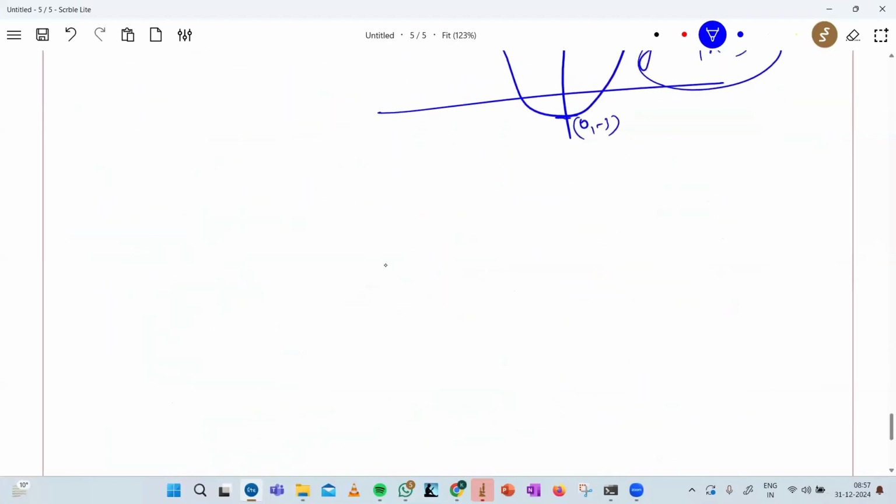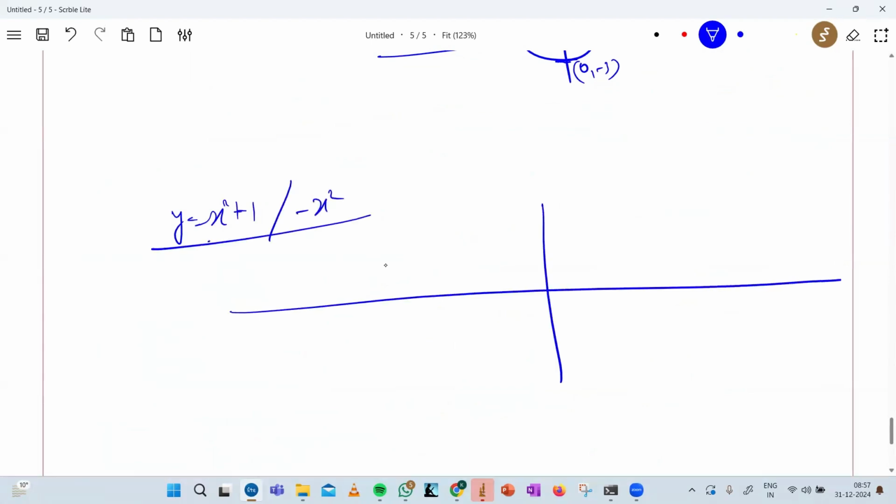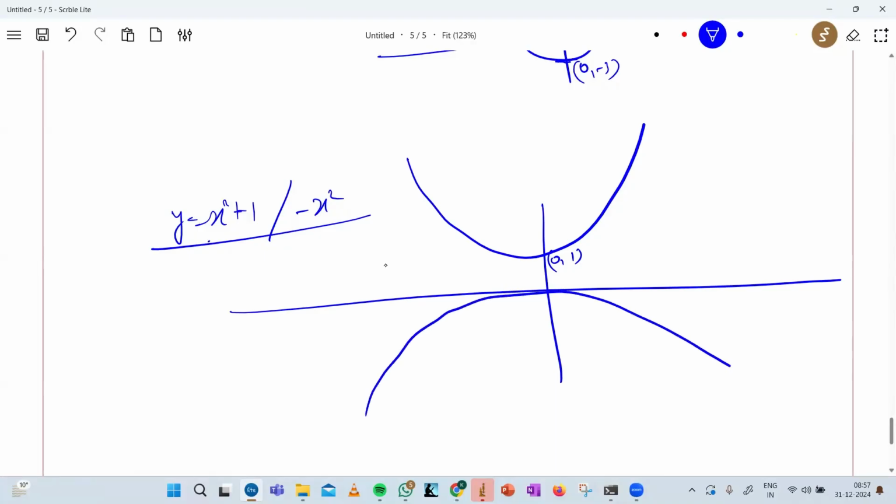So now coming to our question, y equal to x square plus 1, and similarly minus x square, these two things. So y equal to x square plus 1 is which one? This one. And y equal to minus x square means what? It's like upside down, and this one is this one.